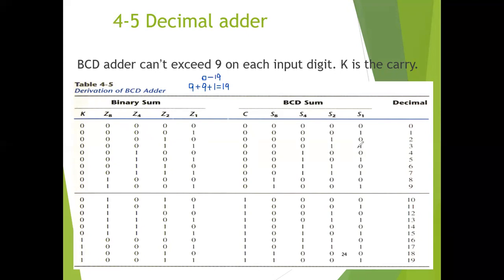The problem we will face during this addition process is to find a rule by which the binary sum is converted to a correct BCD sum. As we have already studied in the section of BCD numbers in the first chapter, when the value is greater than 9, that is 10 or greater, an error occurs.